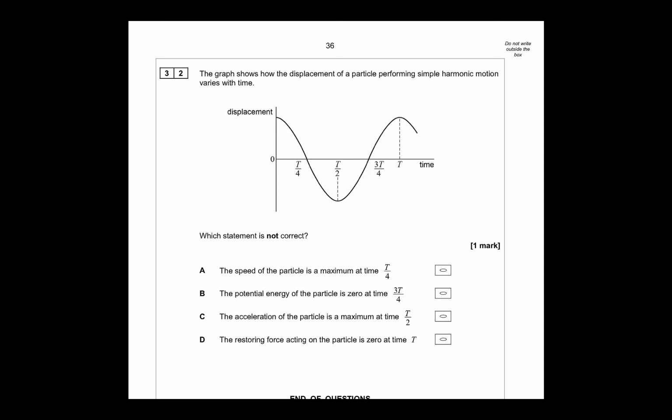The acceleration is maximum at T over a half. That's true. The restoring force on the particle is 0 at time T. That's false, because the restoring force will be maximum, because the acceleration is maximum. So D. And there we go.